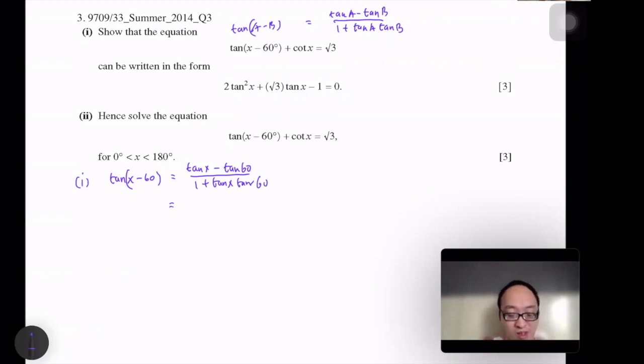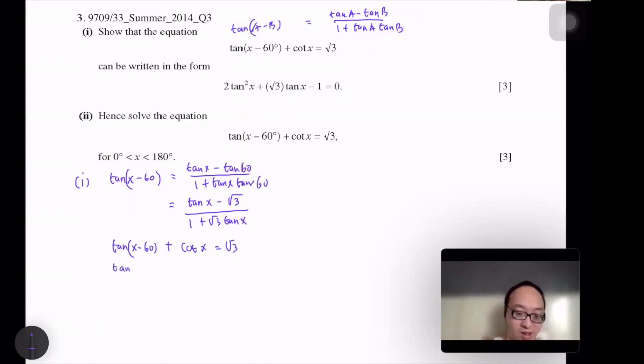And then put it in the calculator, or if you remember, it will be better. So tangent 60 is root 3: tangent x minus root 3 over 1 plus root 3 tangent x. Now we can put it into the equation. Tangent x minus 60 plus cotangent x equals square root 3. This is tangent x minus root 3 over 1 plus root 3 tangent x, plus cotangent, which is 1 over tangent x, equals root 3.